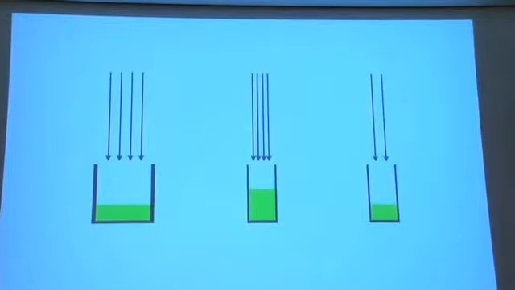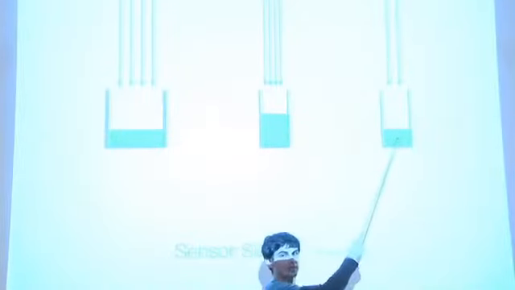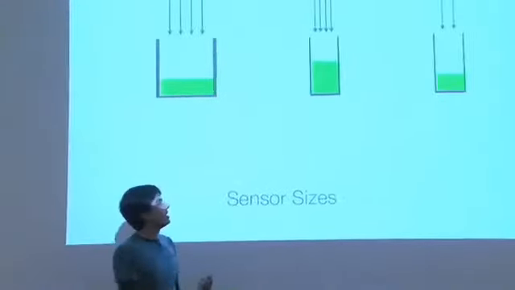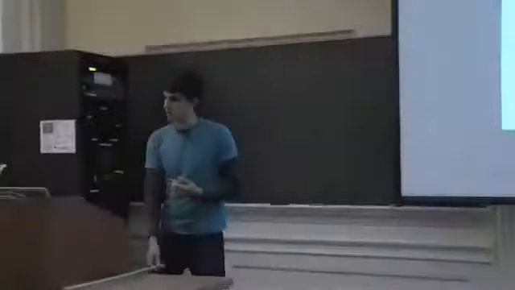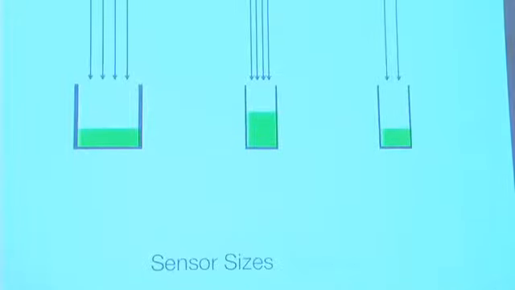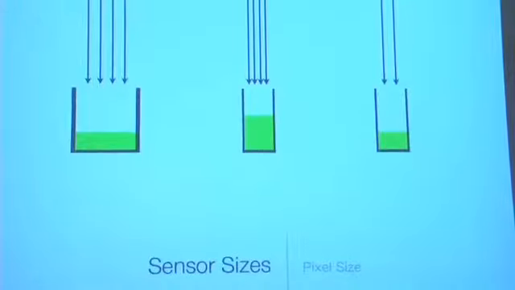They have the smaller lenses, which means the apertures themselves are smaller, which means that less light is coming in. So maybe we're going to get half as much light, for example. We typically get a lot less than that, but just as an example, we only get 2 photons in instead. And so now we see that it is about approximately the same level of brightness. And so even though it doesn't take as many photons, it's noisier. It's harder for us to measure from a bucket that's not as large. If we have a very, very large bucket, it's easier for us to measure the amount of water that's fallen into it.